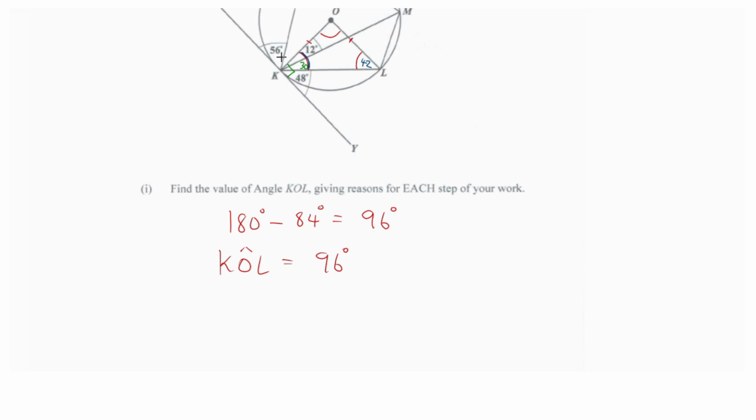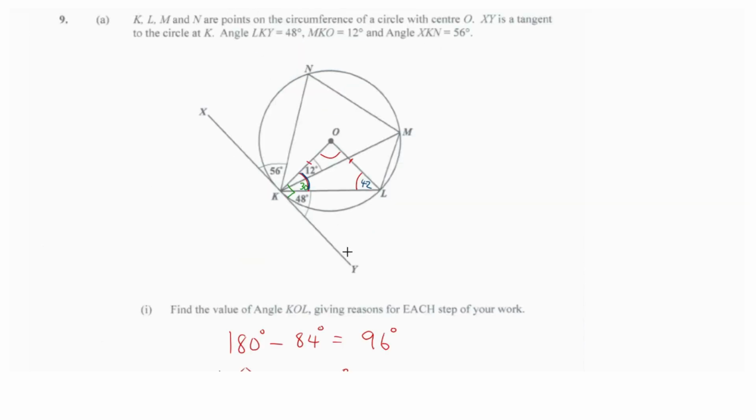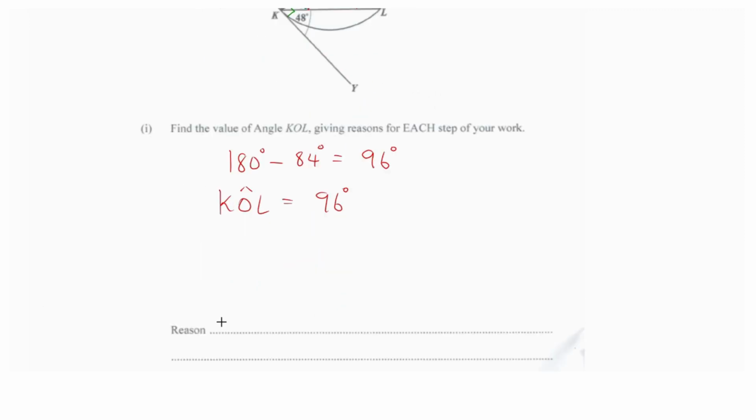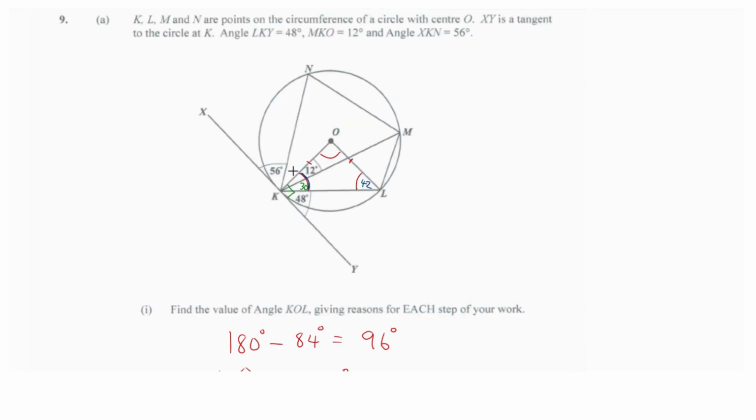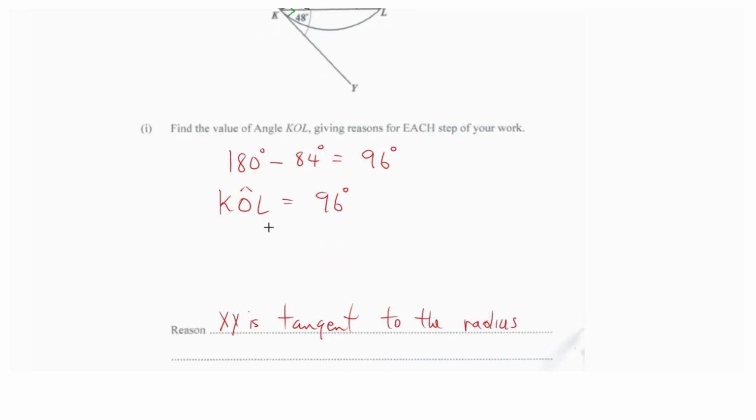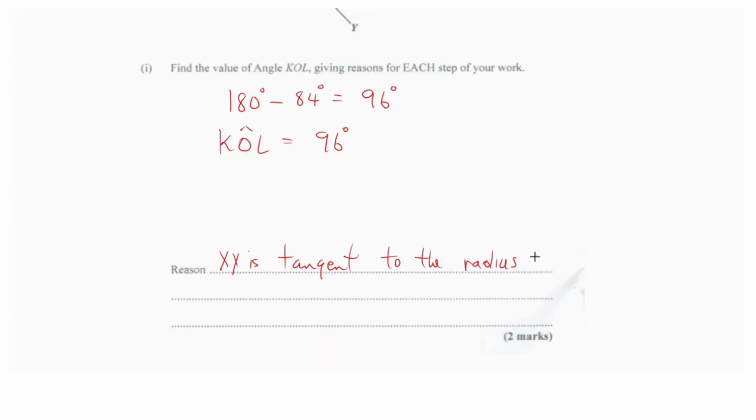So the first thing we need to say is that XY is tangent to the radius. So we can write XY is tangent to the radius, the radius, which is OK. Okay, so let's put OK there, the radius OK.